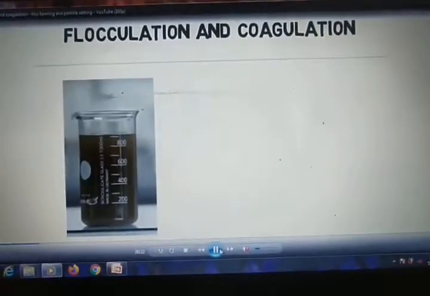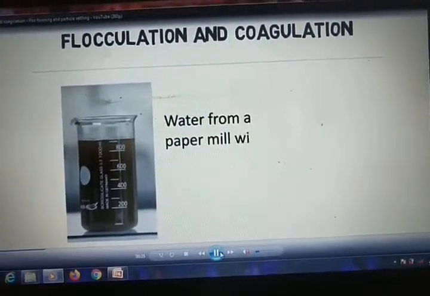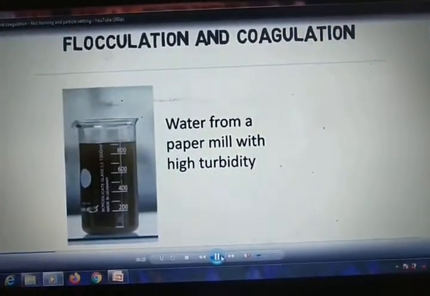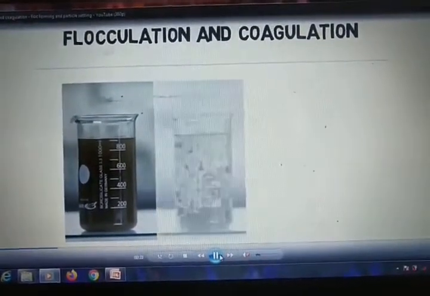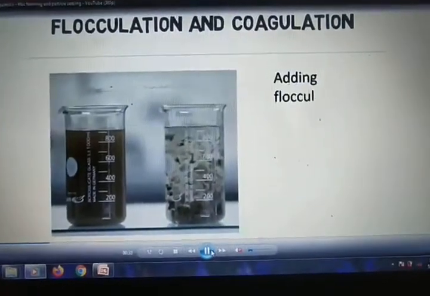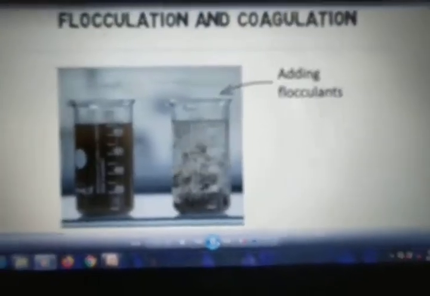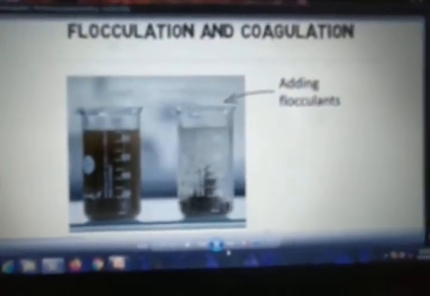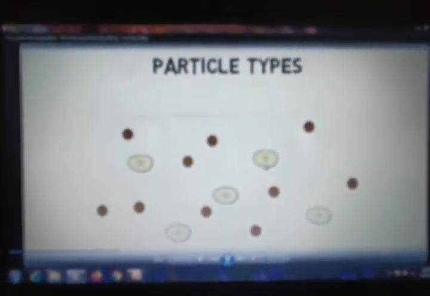Here imagine water having some turbidity, as you can see, placed in the beaker. It is water from a paper mill effluent or some other industry, and here we are adding the coagulants. This is how the floc formation takes place.